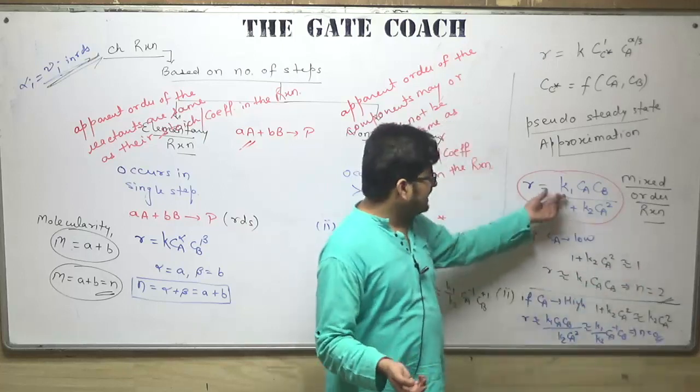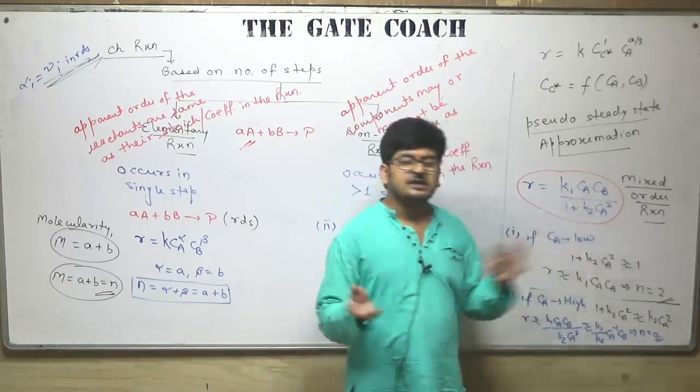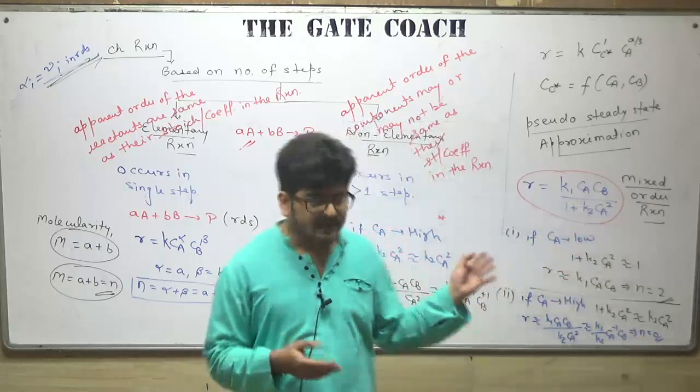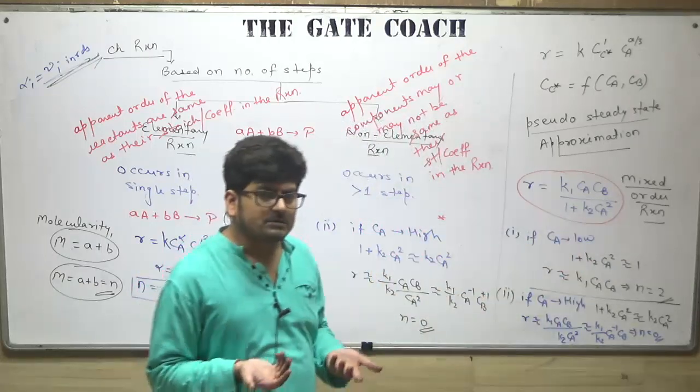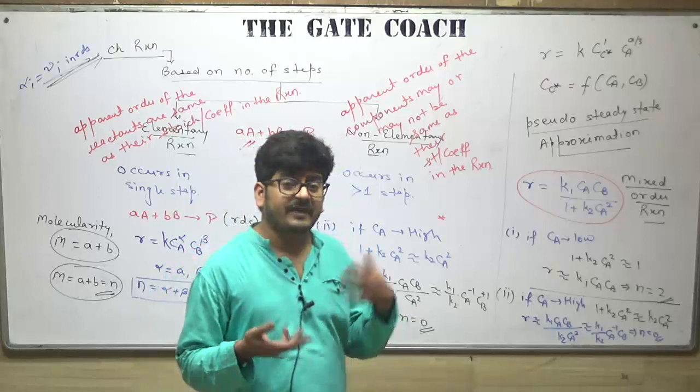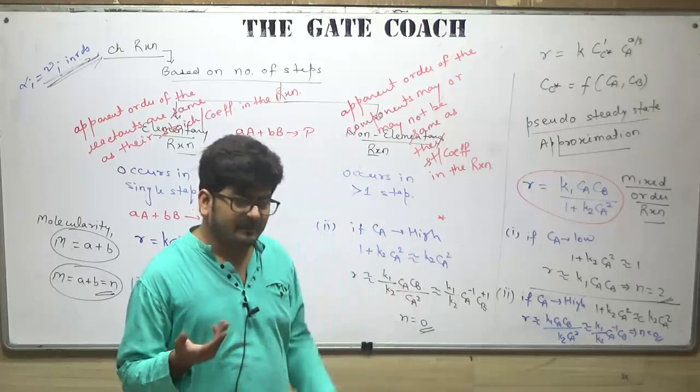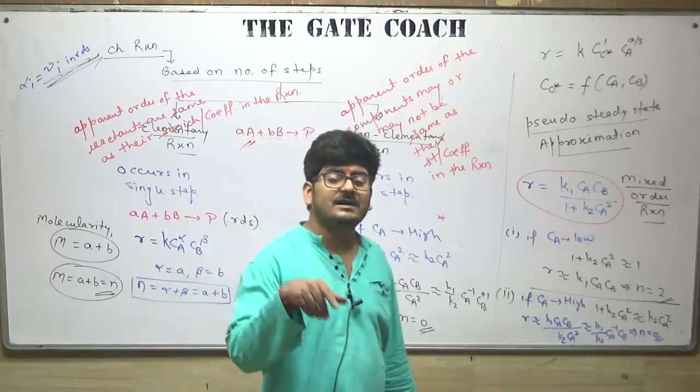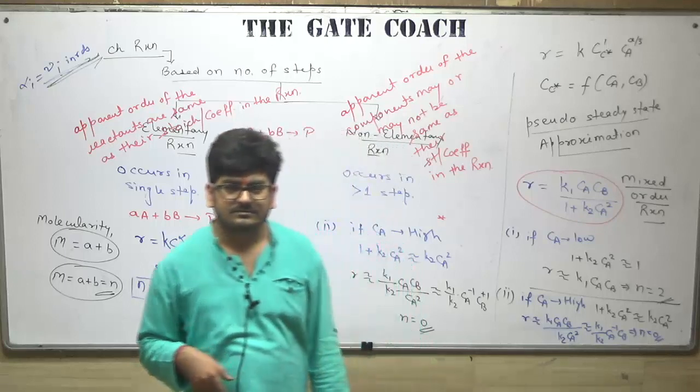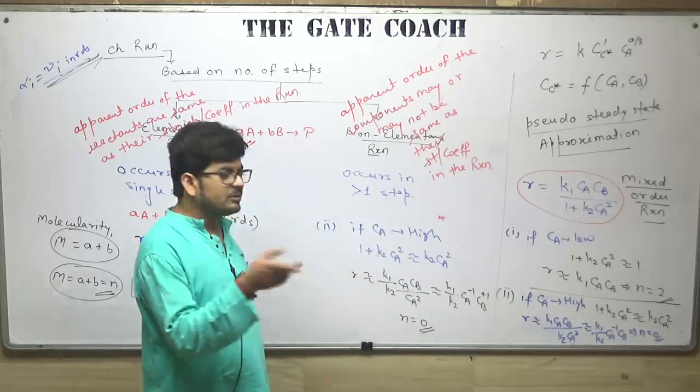If it is in the numerator, will it change or not? Here it will not change, but how the concentration affects the numerator value, we will discuss when you give me the answer to my question. The answer to this question is also hidden in that one.